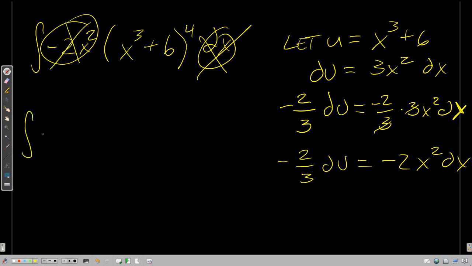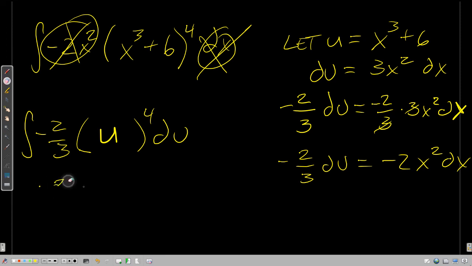All of that is just a minus 2/3 du, and the stuff in the middle, that's to the 4th power, that's what u was. But don't write it in terms of x just yet, just put the u. And now you can integrate. Don't need that anymore if I'm integrating.